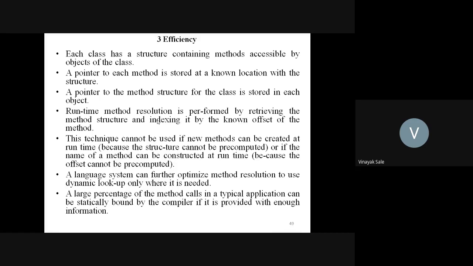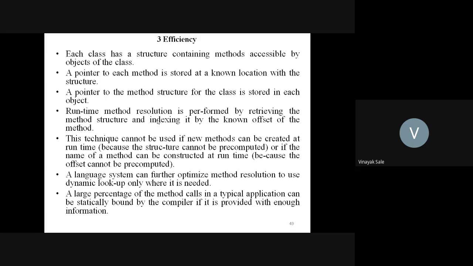This technique cannot be used if new methods can be created at runtime or if the name of a method can be constructed at runtime, because the offset cannot be pre-computed or the structure cannot be pre-computed.